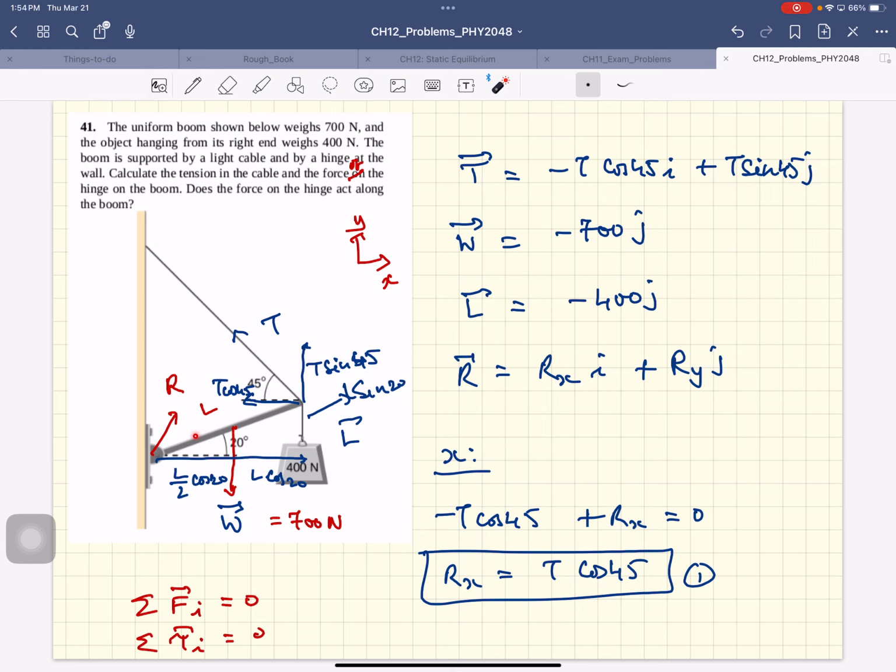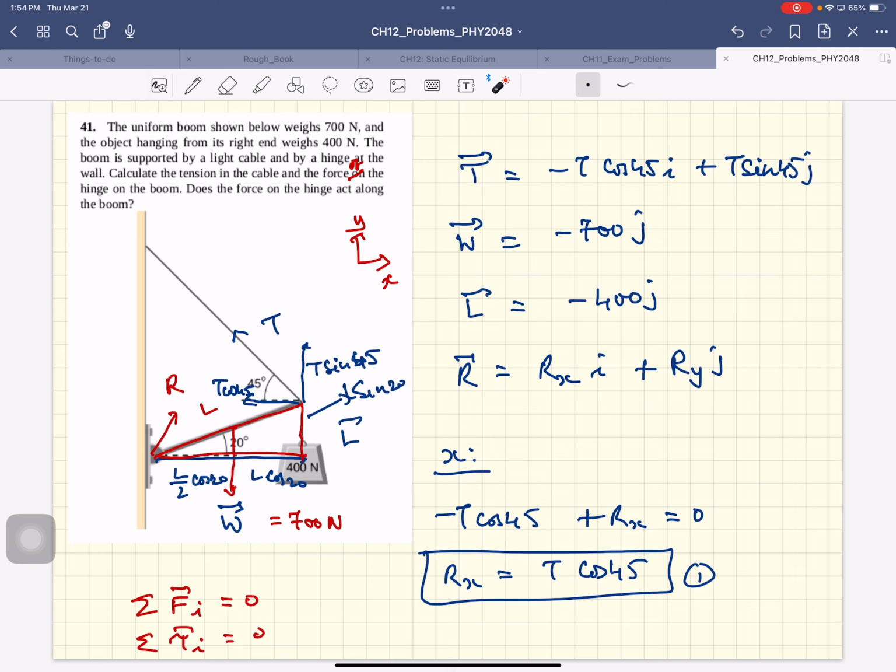That is L sine 20. So here's the triangle: the hypotenuse is L, with sides L sine 20 and L cosine 20.